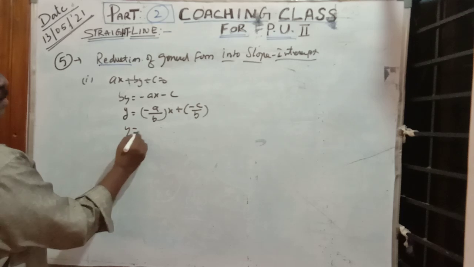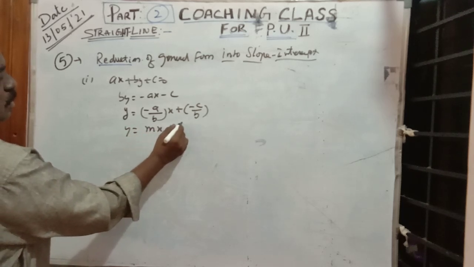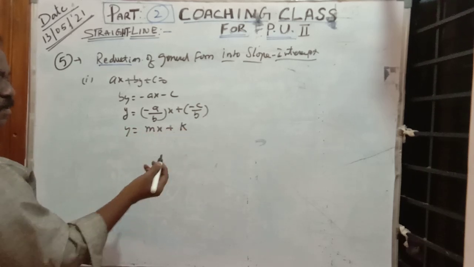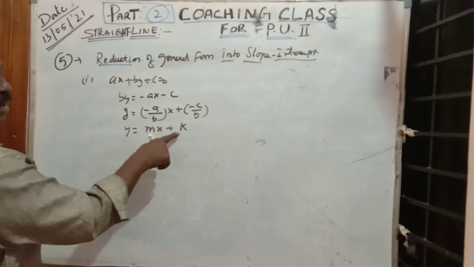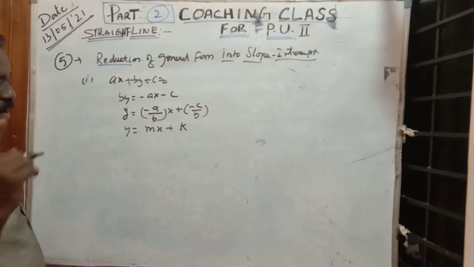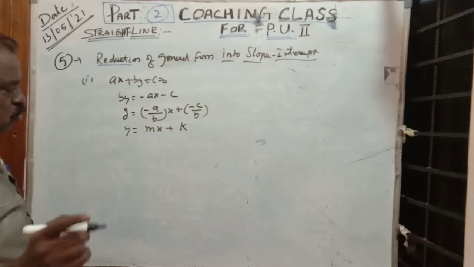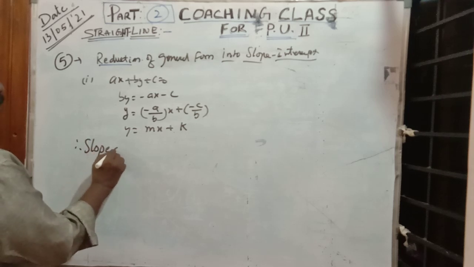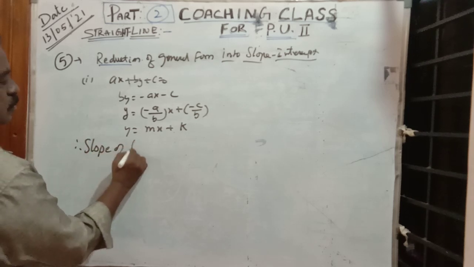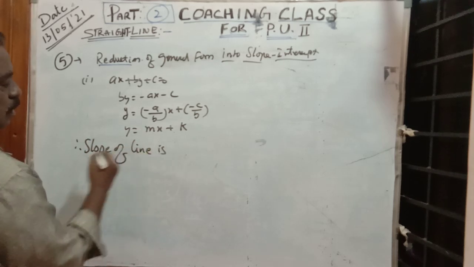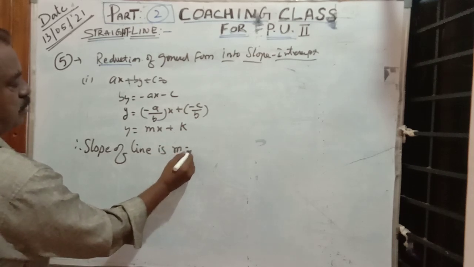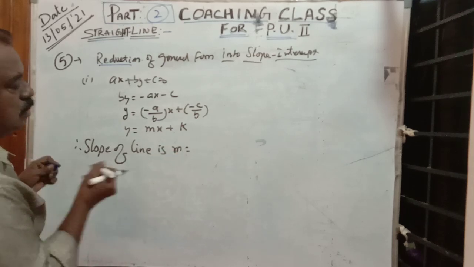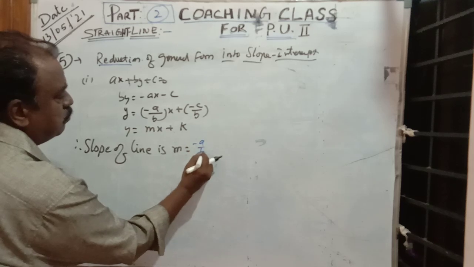So it is in the form of y is equal to mx plus c, or k. Here k is the y-intercept, m is the slope. Hence, the slope of the line is m is equal to minus a by b.